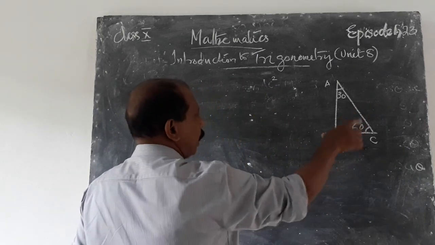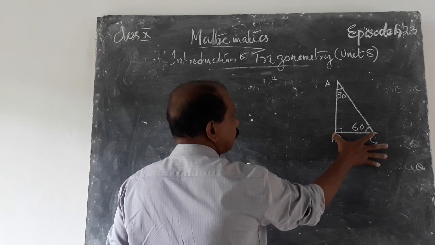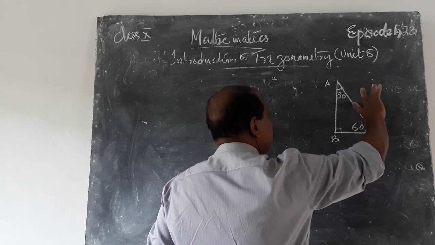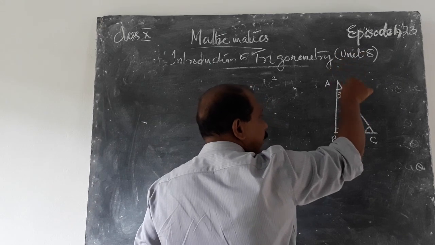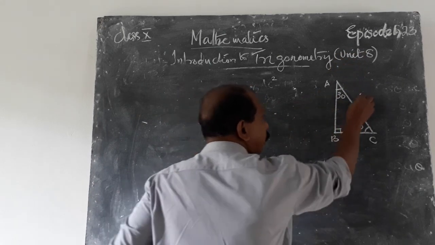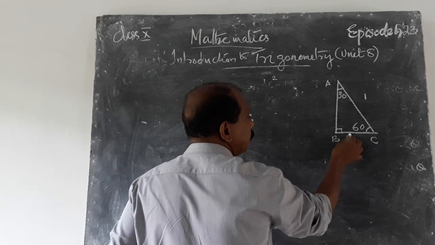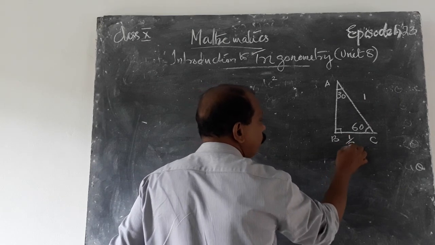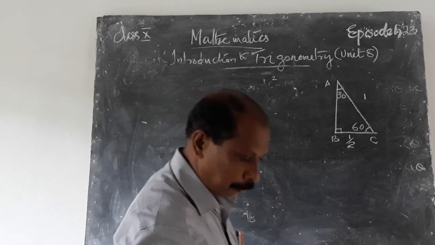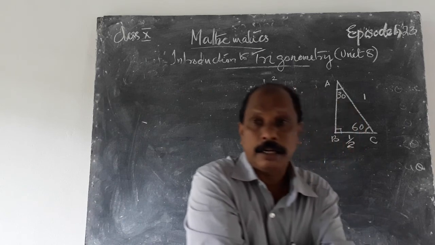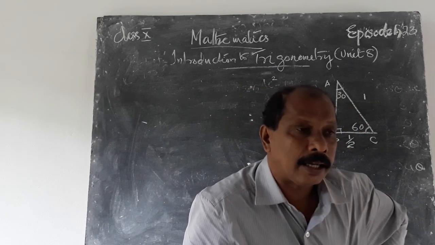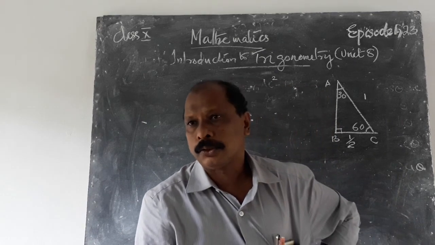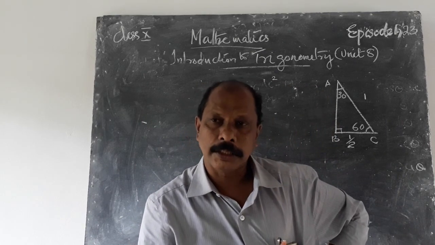Then listen, consider this length. That means if the side AC is 1 unit, the side BC is half of that unit. That means in a right angle triangle, where one angle is 60 and the other angle is 30, the shortest side is against 30.